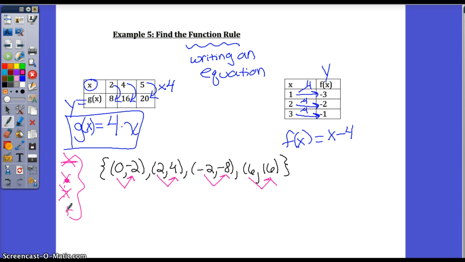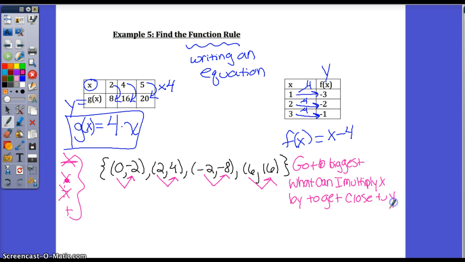I always go to my biggest. Go to biggest and say, what can I multiply x by to get close to y?